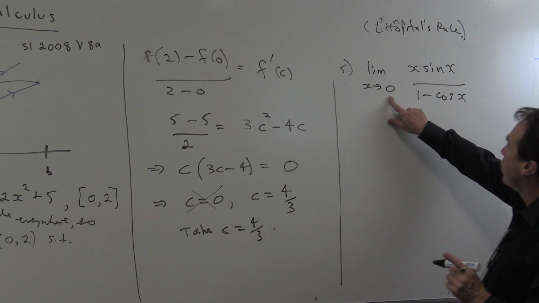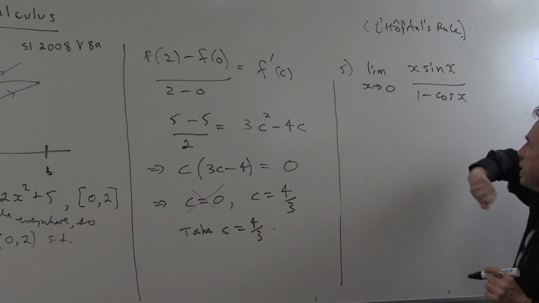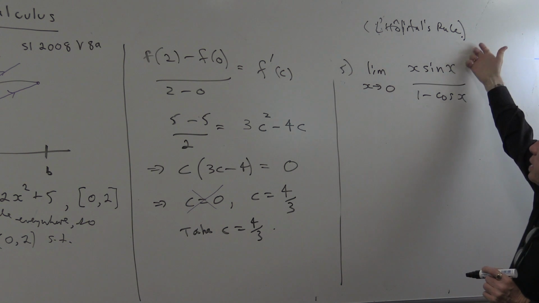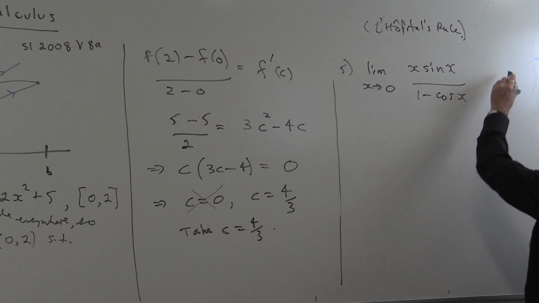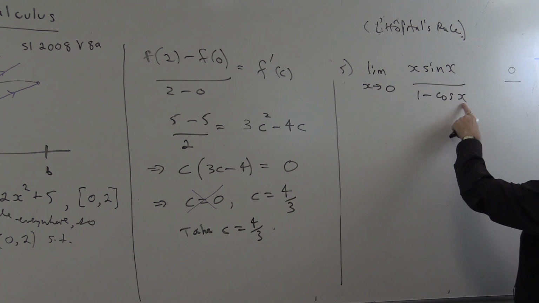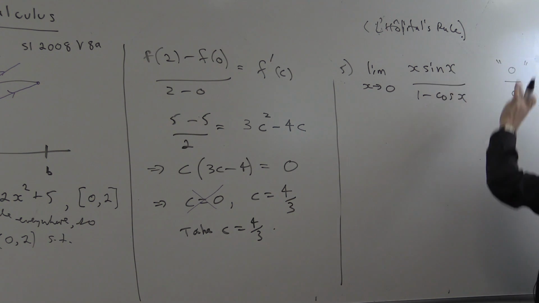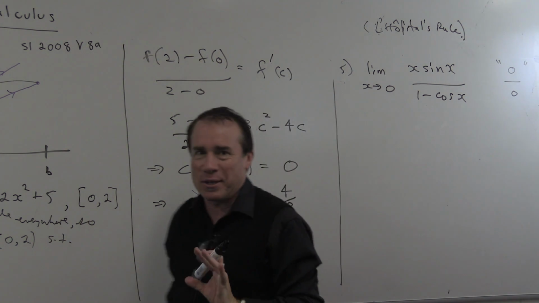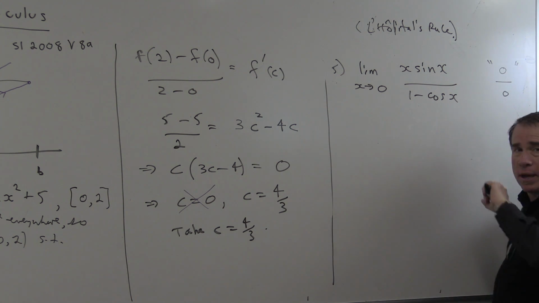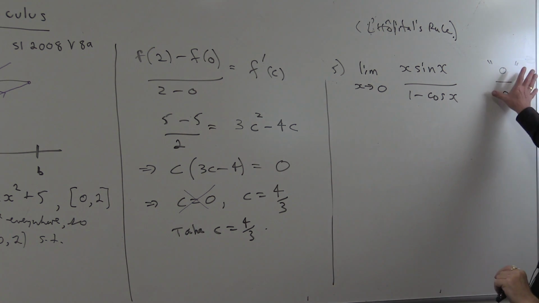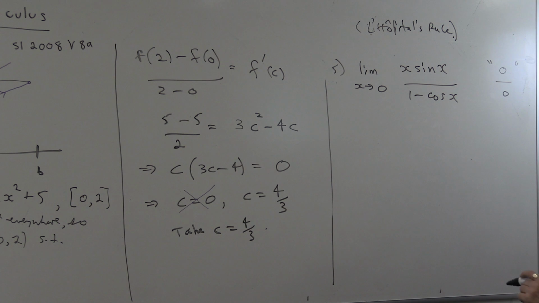Firstly, when I put 0 in, this has to be what is called an indeterminate form. That is, it's got to be a 0 over 0 or infinity over infinity type limit. If you put in 0, you get 0 on the top. If you put in 0, cos of 0 is 1, so you get 0 on the bottom. Now, I don't like writing that, so I'm going to put inverted commas around it. It's not mathematics, I'm just checking the conditions, because 0 over 0 doesn't have any meaning in mathematics, but it indicates to the tutor that I've checked that the top and bottom are both 0, and so I can apply L'Hopital's rule.